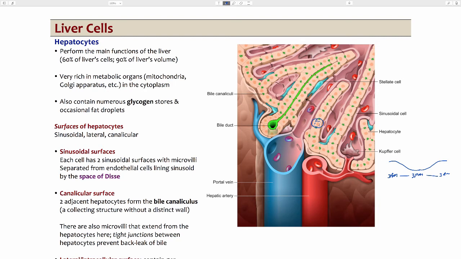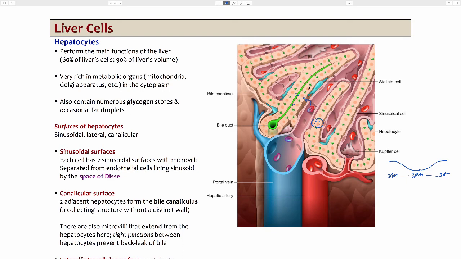So there are different surfaces: the sinusoidal surface, the lateral surface, and canalicular surfaces of the hepatocytes. Notice on the canalicular surface, this is where the bile is secreted. And then the sinusoidal surface is where nutrients from the endothelium, from the portal vein, for example, will come in and go through the space of Disse and then get absorbed into the liver cell.